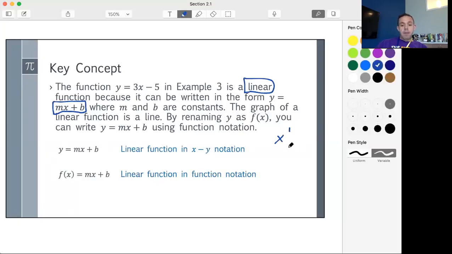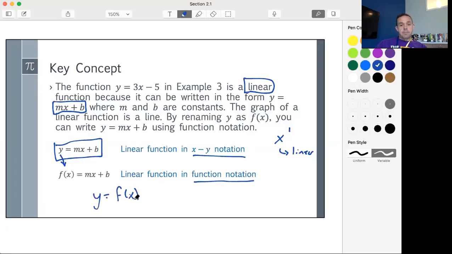So x is to the power of 1, which means it's linear. Okay. 2 ways we can write this. We can write this in xy notation, y equals mx plus b, or we can change y and make it f of x, and this is called function notation. So 2 different notations. So y is the same as f of x.